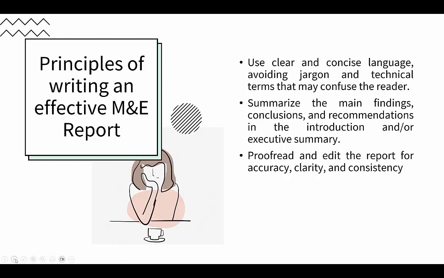But another issue is when you're summarizing your findings, make sure that these findings are tied to the indicators. Don't put in things that people don't want. That is not why they are funding that project. There are things that they want to see, and those things are the indicators. How did these indicators perform? So make sure you do that.